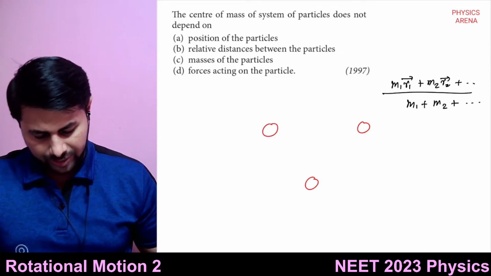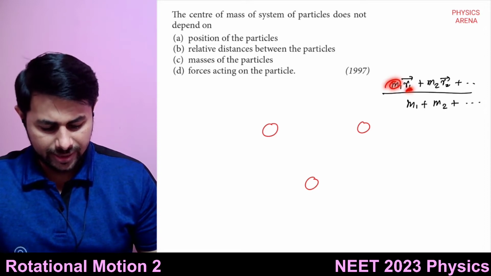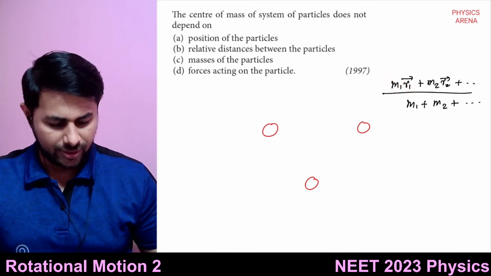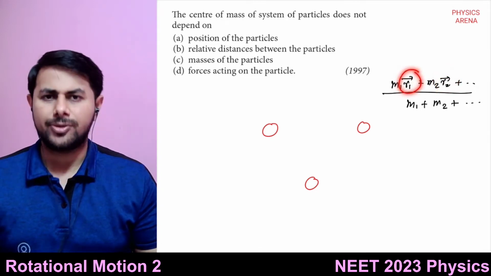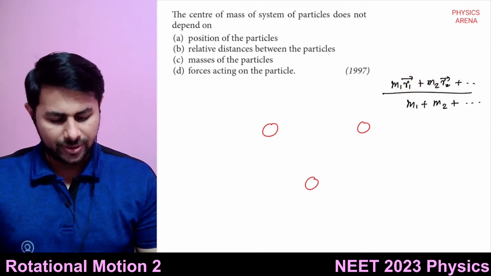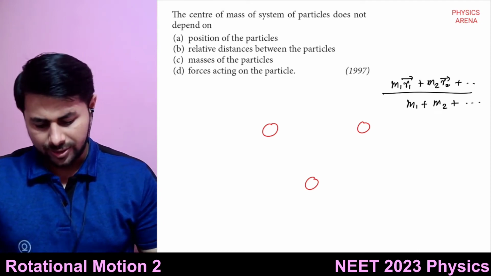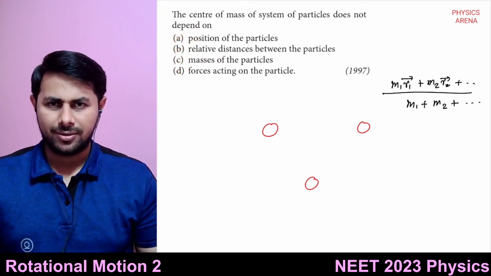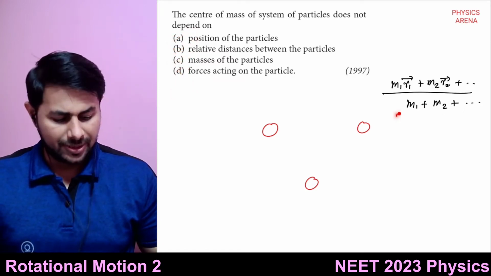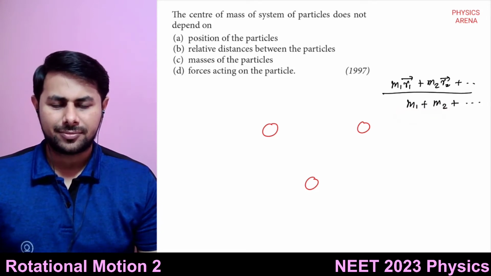This is the position vector of the center of mass. So it depends on masses and on the positions of these masses. Because it depends on positions, it also depends on the relative distances. It does not depend on forces. We can find it out from the formula, right?